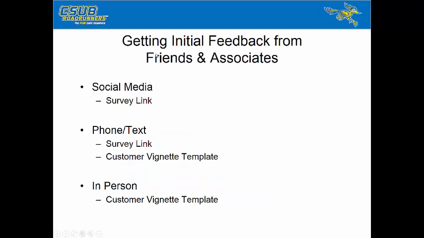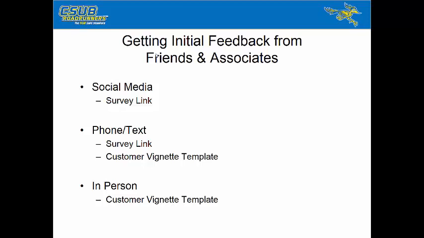In terms of getting initial feedback from friends and associates, there's 3 different ways that I want you to reach out to people once you've got the website up and running. First of all is via social media.